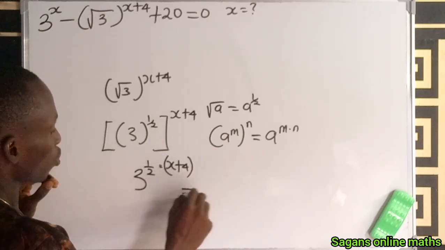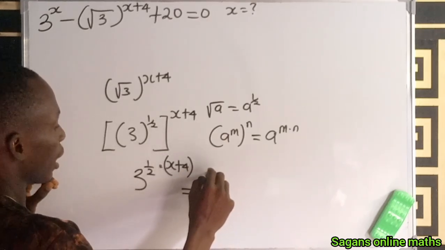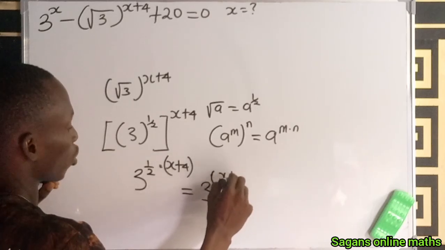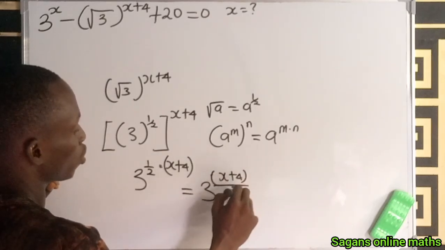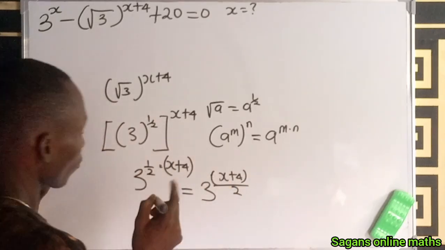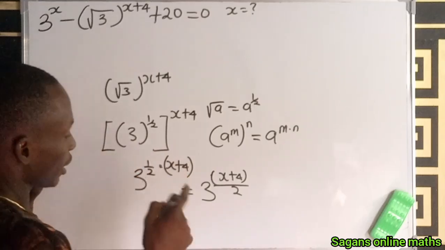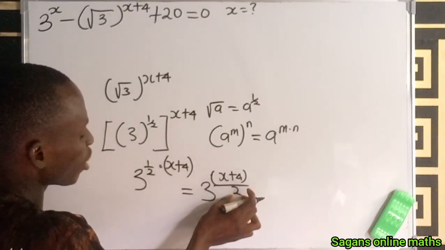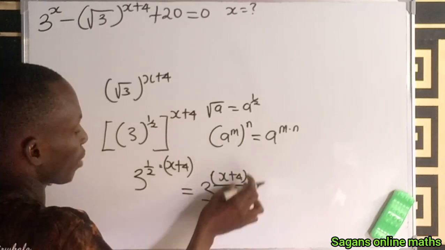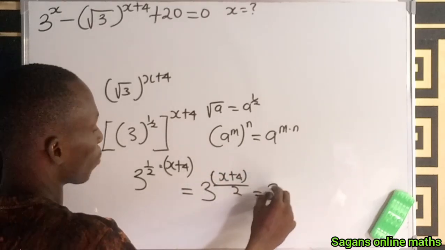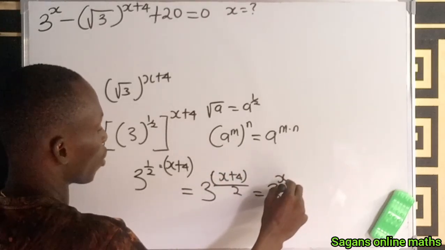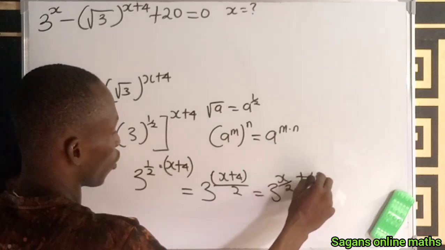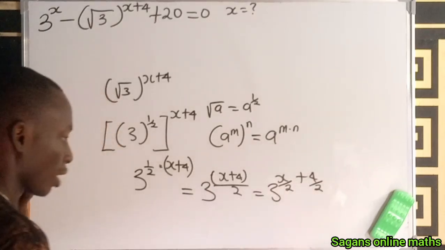Okay, so this will be equal to 3 to the power of x plus 4, divided by 2. Now I want you to understand something very interesting: the 2, the denominator here, is affecting x and also affecting 4. So I can write it as 3 to the power of x divided by 2 plus 4 divided by 2.